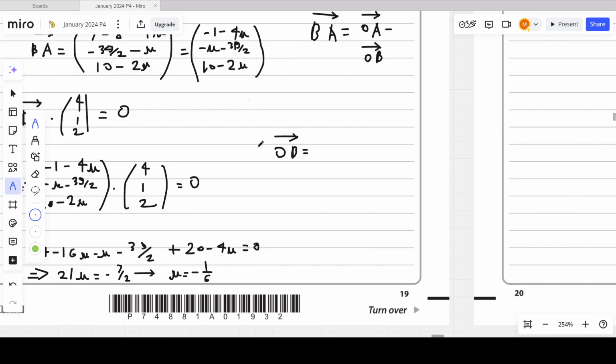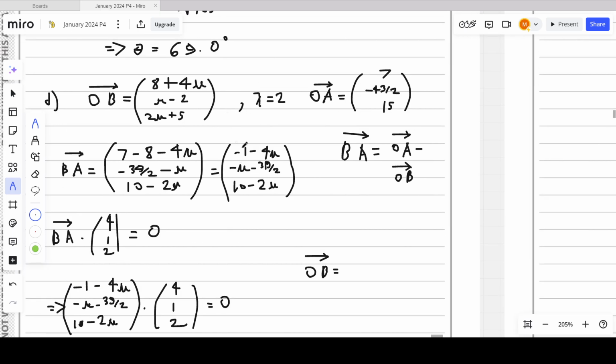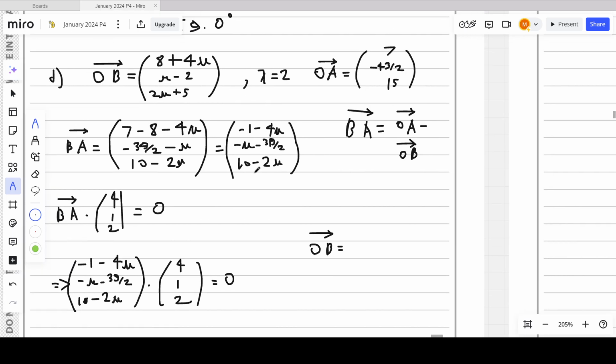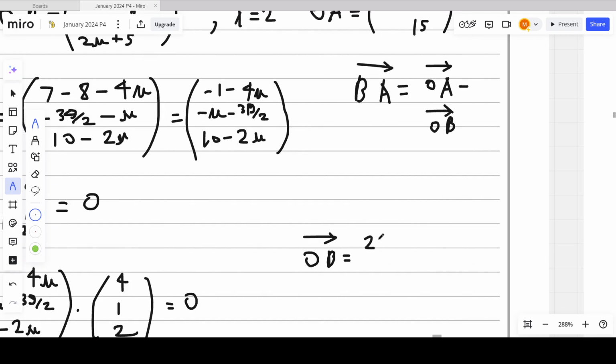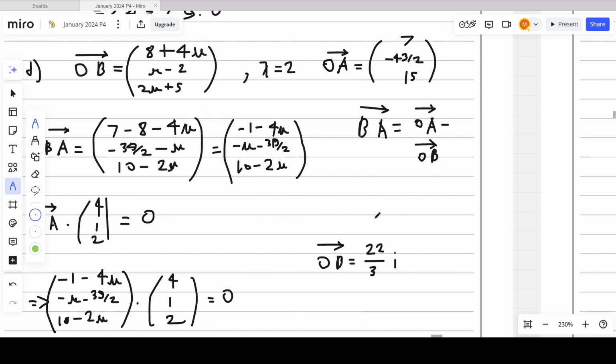It would be 8 plus 4 mu, that is 8 minus what? 4/6, right? So this is 22/3 i. Fine. Then mu is what?